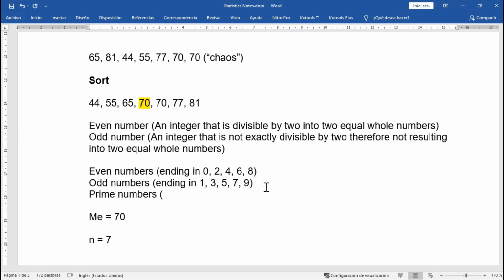These are whole numbers divisible only by themselves or 1. For example, 17.